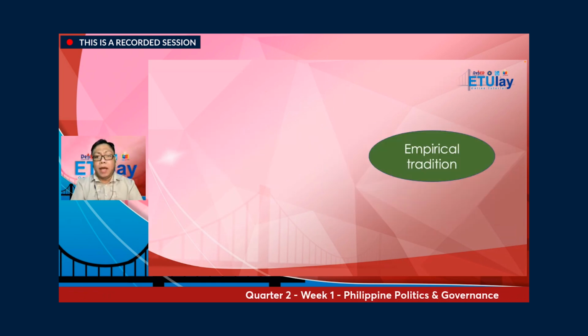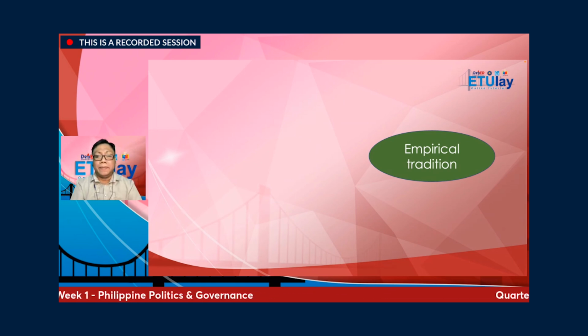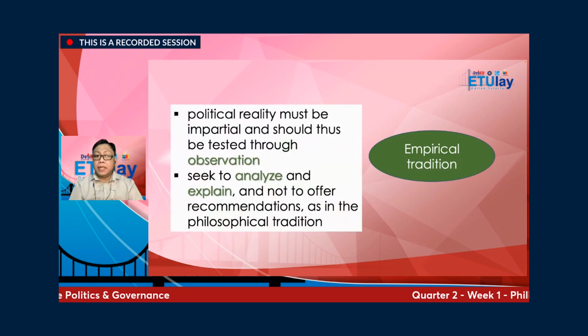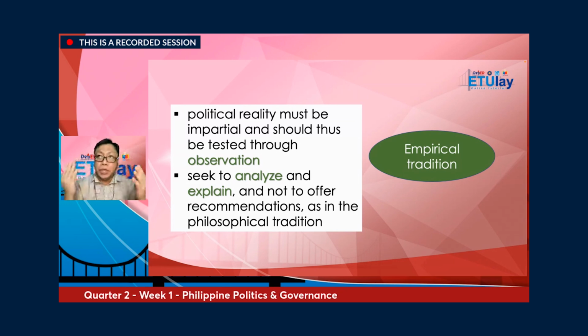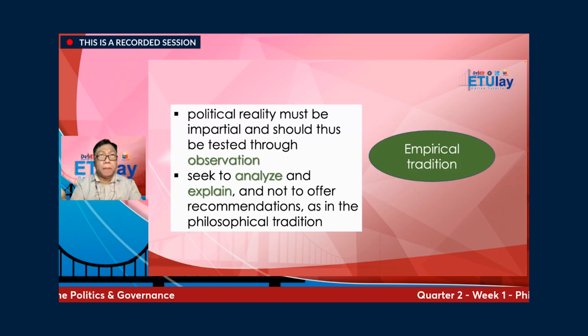The second one, in which politics evolved into, is the empirical tradition. Empirical means that the political reality must be impartial and should thus be tested through observation. So the word empirical means we observe the phenomenon, meaning yung mga pangyayari sa buhay ng tao.